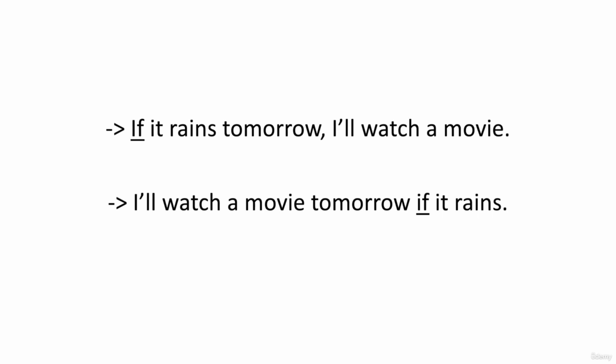For example, if it rains tomorrow, I'll watch a movie. If the main clause comes before the subordinating clause, then you don't need a comma. I'll watch a movie tomorrow if it rains.